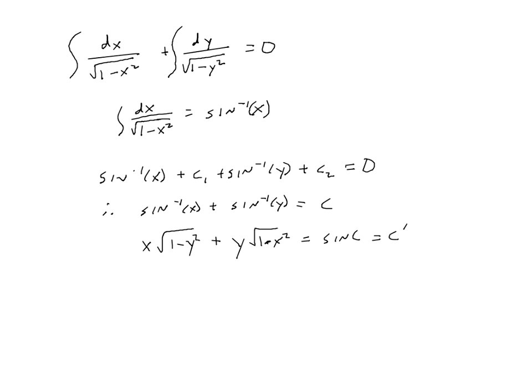And then you can keep working this until you have a nice, neat function, y is this function of x. But that's all algebra. And we're doing differential equations here. We're not doing algebra.